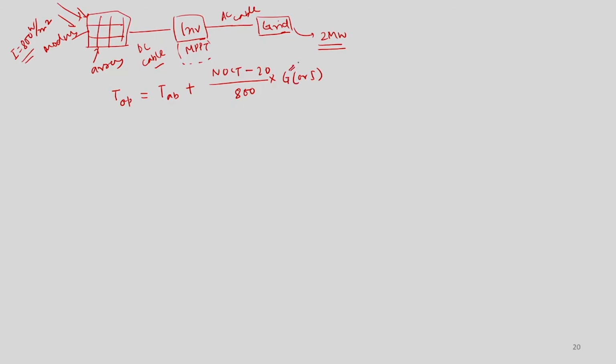This value is given as 800 watt per meter square. If we substitute 800 here, NOCT is 47, and T ambient is given as maybe 28 degrees Celsius. So, 28 plus 47 minus 20, because the 800s are the same, both will cancel off. So, T operating will be 55 degrees C.